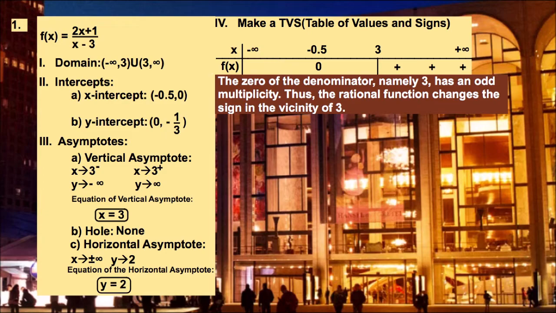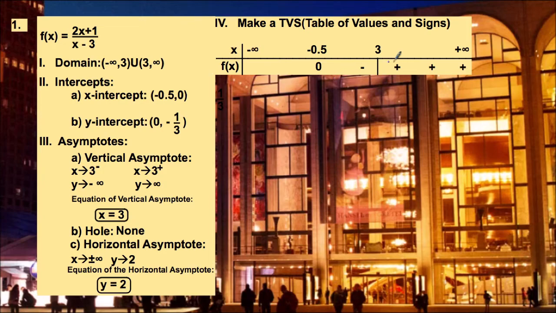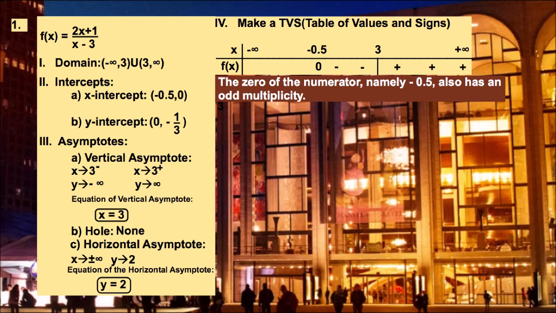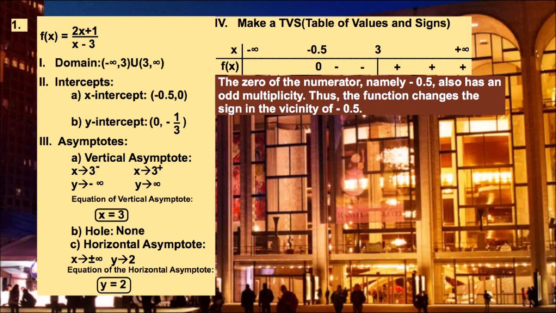Thus, the rational function changes the sign in the vicinity of 3, from positive to negative. The zero of the numerator, namely negative 0.5, also has an odd multiplicity. Thus, the function changes the sign in the vicinity of negative 0.5.